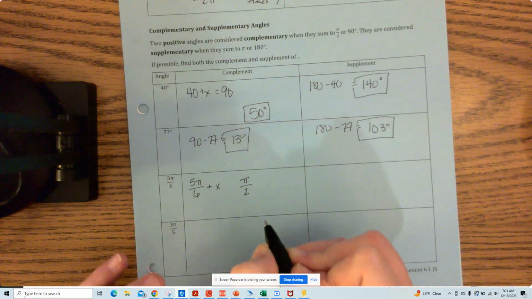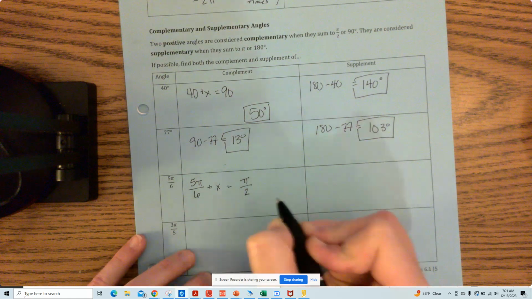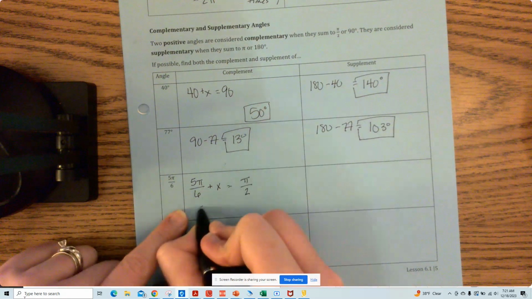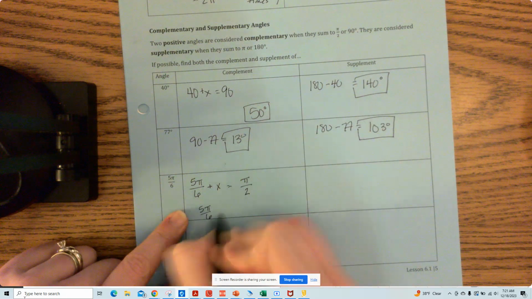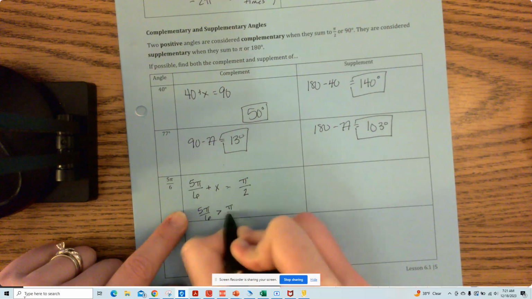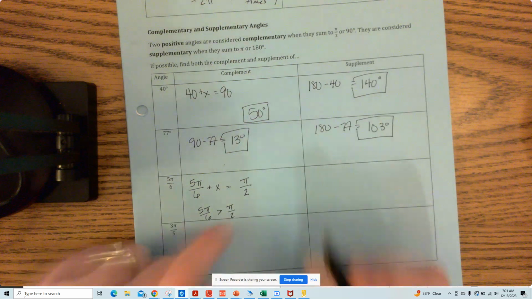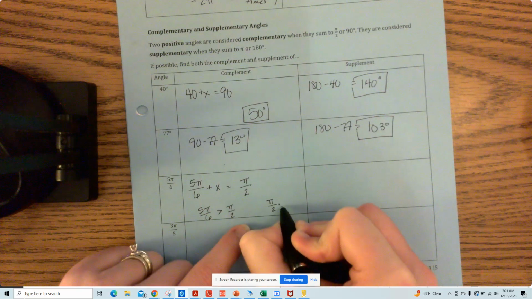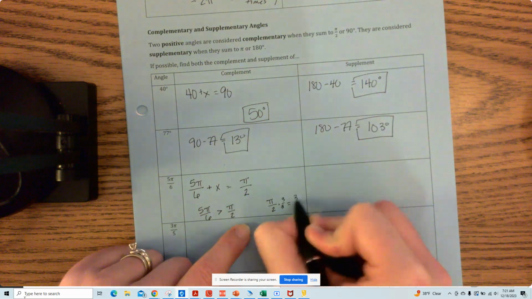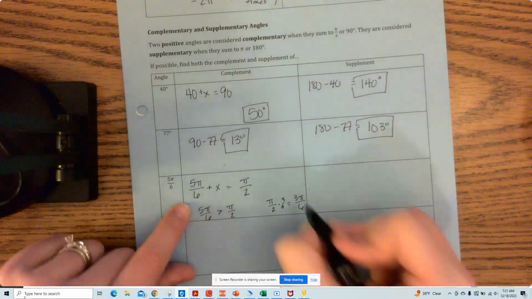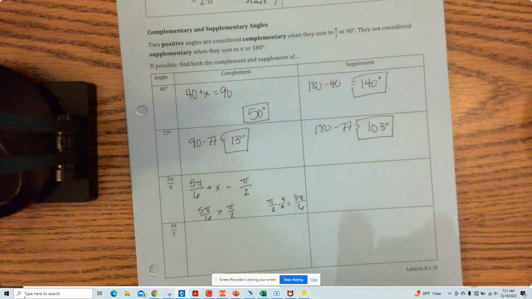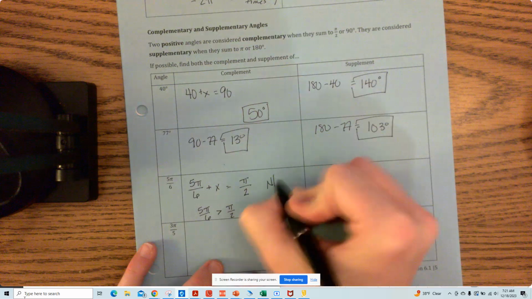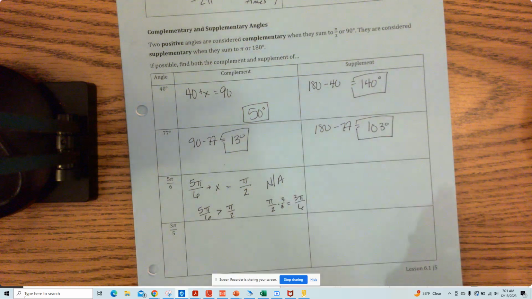This is not going to work, okay? Because 5 pi over 6 is greater than pi over 2. How do I know that? By looking at it. If you make these have common denominators, so if I multiply this by 3 and 3, I get 3 pi over 6. 5 pi is bigger than 3 pi. So you can't do that.